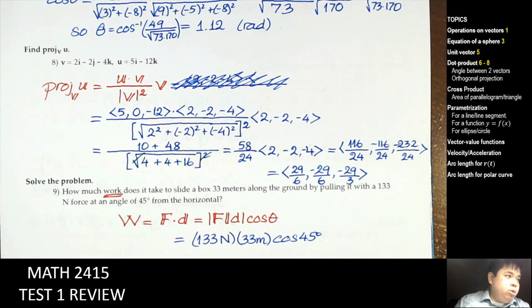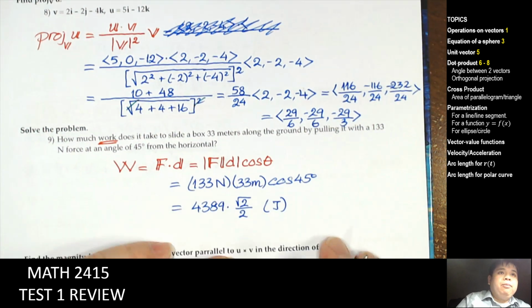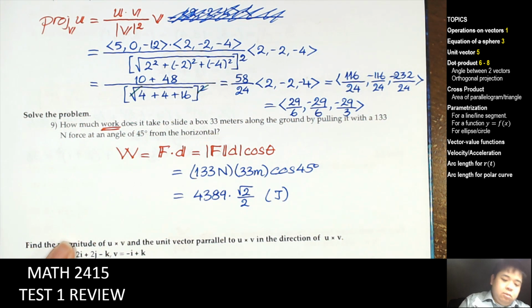133 times 33. 4,389. Cosine of 45 degrees, square root of 2 over 2. And the unit is joules. So I just multiplied by square root of 2 over 2.